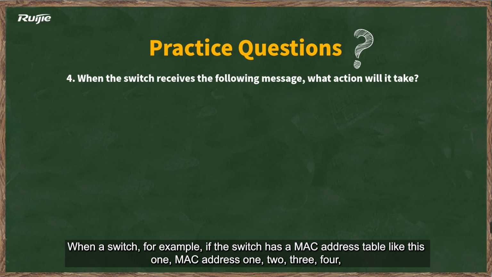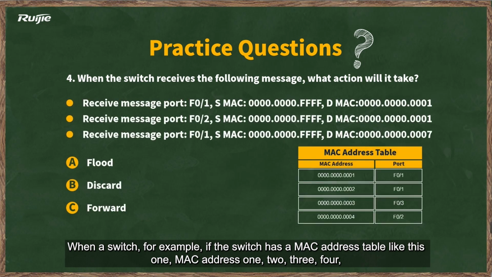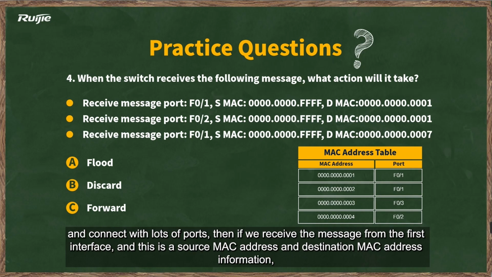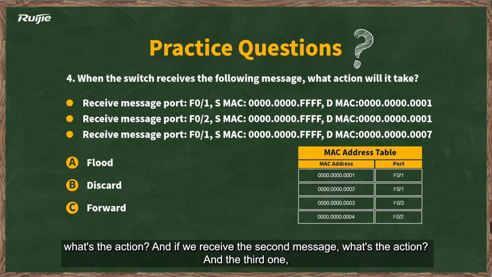For the third one, if the switch has a MAC address table like this one, with MAC addresses 1, 2, 3, 4 connected with lots of ports, and we receive a message from the first interface with this source MAC address and destination MAC address, what's the action?